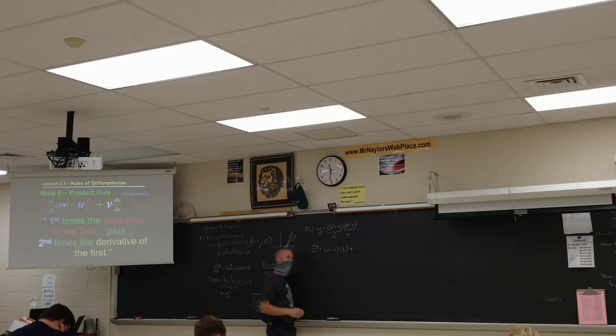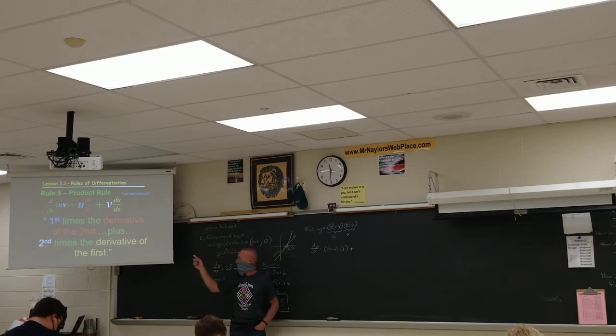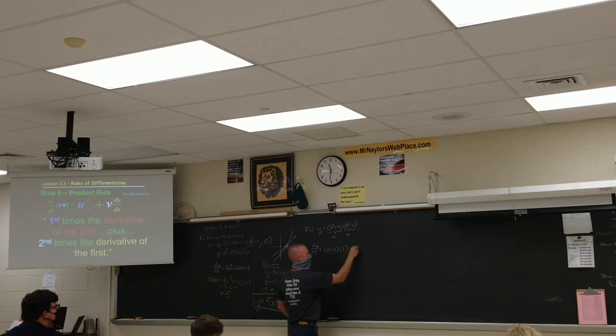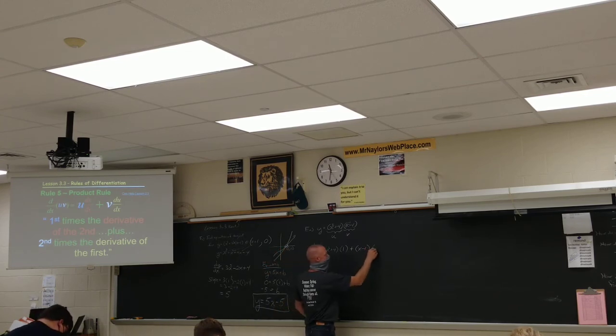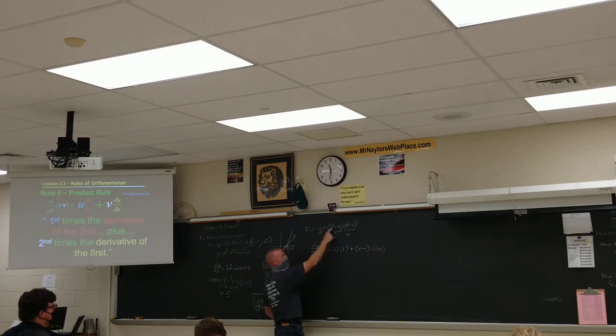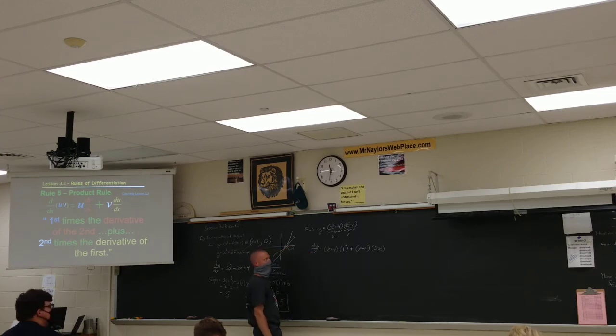Plus, according to the product rule, the second, so I copy down x minus 1, the second, times the derivative of the first. Now, the derivative of the first, you should be using the power rule on x squared. The power rule on x squared would bring the exponent down, and you get a nice little 2x. The derivative of 4 is, of course, 0.